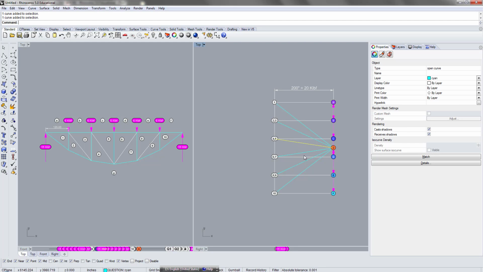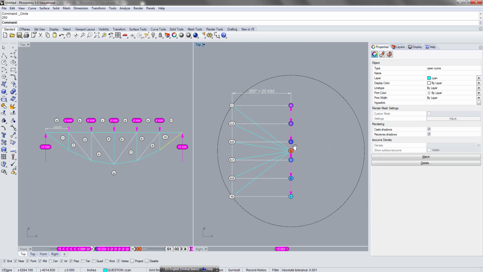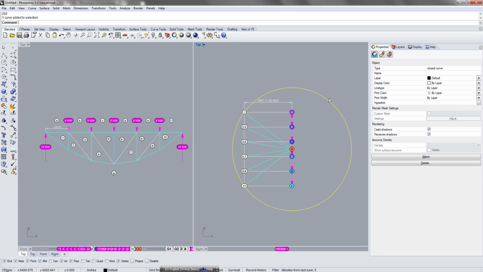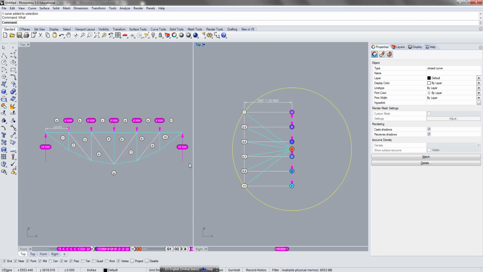In the force diagram, all of these diagonal lines which represent the bottom chord would have a length of 250 inches, which represents 25,000 pounds. So the first thing we do is draw a circle whose radius is 250. Just to confirm this, you can get the property, and it says the radius is 250 inches.